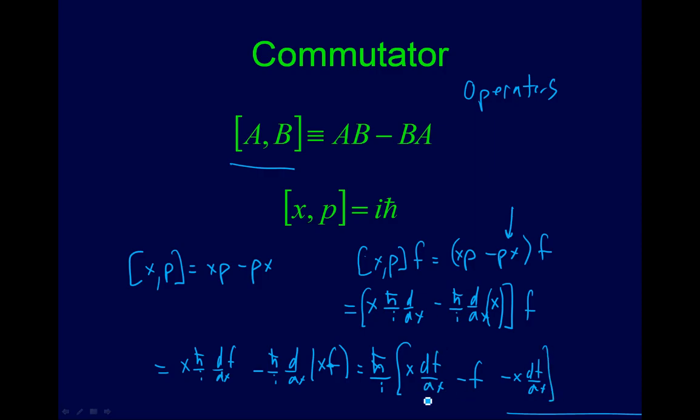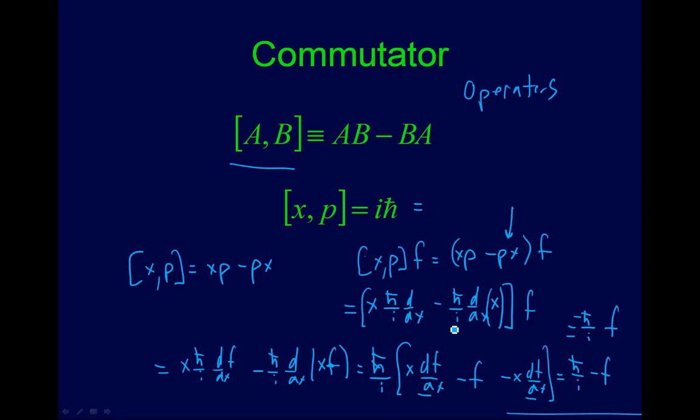And then you'll see that basically this term and this term cancel out. And so I'm led to h bar over i times negative f. All right, and then basically everything that's times that f will then be what my commutator is equal to. So my commutator equals negative h bar over i.